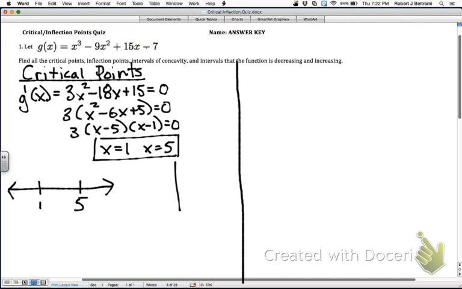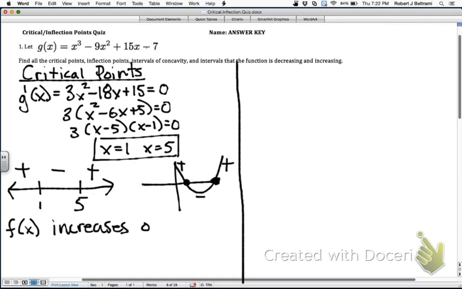Another way to do it, since this is a quadratic, we know the graph is going to look like this. When we're above the axis, we know we're positive. When we cross the axis, that's when we're equal to 0. And I know this section down here is negative. So by solving for the zeros first, I'm able to draw my number line, and it'll be positive on this interval, negative, and positive.